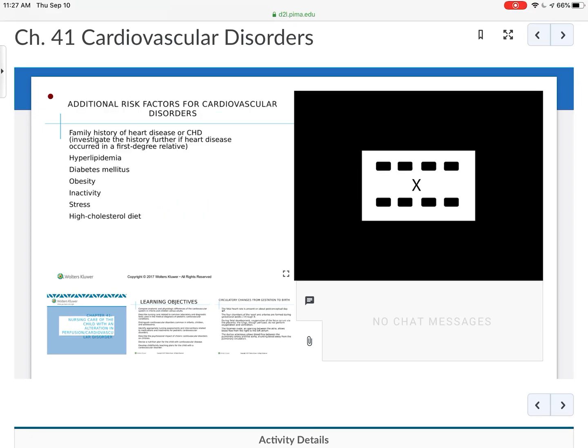Additional risk factors include if the family has any type of heart disease history. They need to make sure if it's a first-degree relative, they're more at risk. Again, hyperlipidemia, diabetes, obesity, inactivity, stress, and high cholesterol could all lead to cardiovascular disorders.